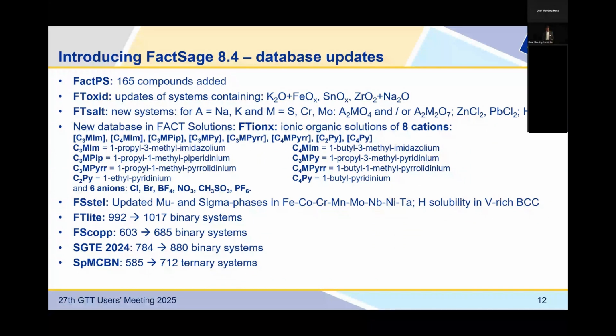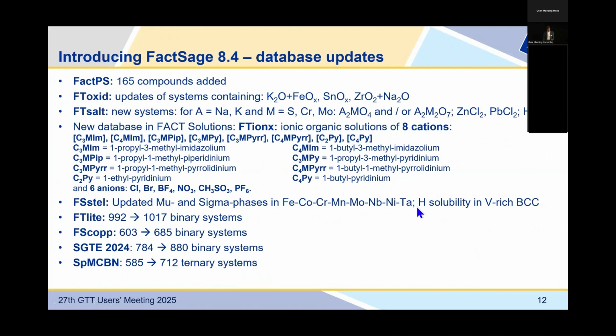That has been updated now, and the same is also true for the sigma phase. There's only one mu phase in the new version of FSstel for all of these rather complex metals. Of course, this is not only interesting for steels, but also for super alloys and for high entropy alloys.